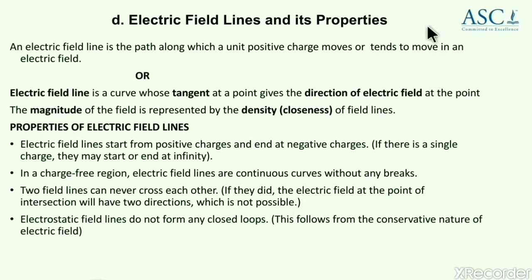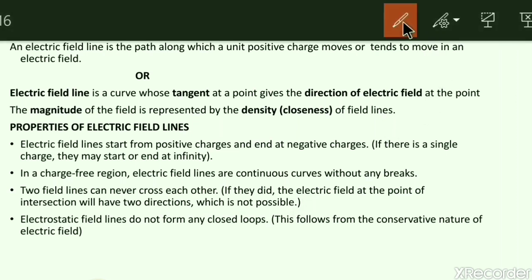That means if you consider two electric field lines, assume there are two electric field lines like this, which are directed in this direction. Now if you keep a charge at the point of intersection, this charge has two possibilities. It can move here or it can move here, but keep in mind, at one point of time this charge has to move in only one direction.